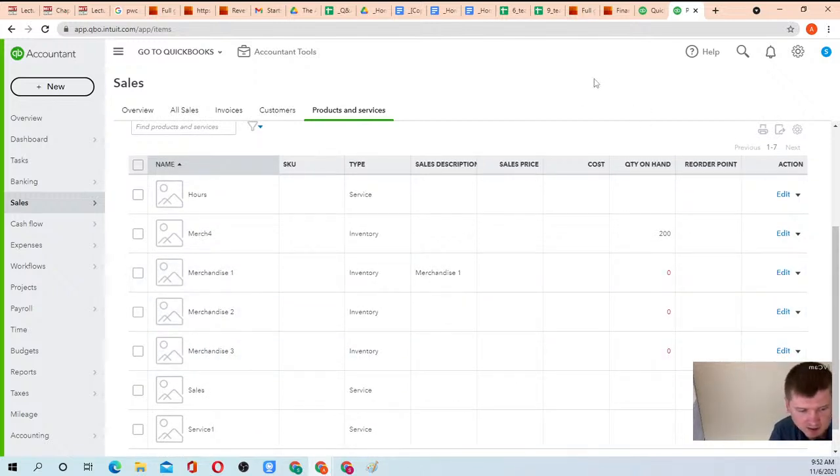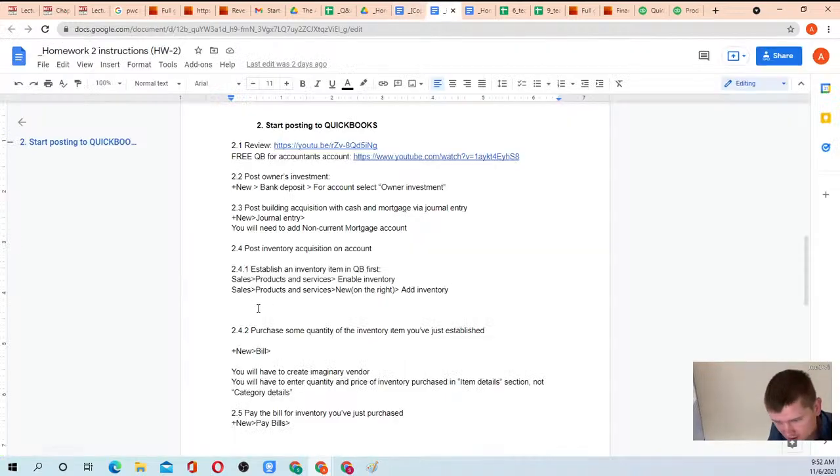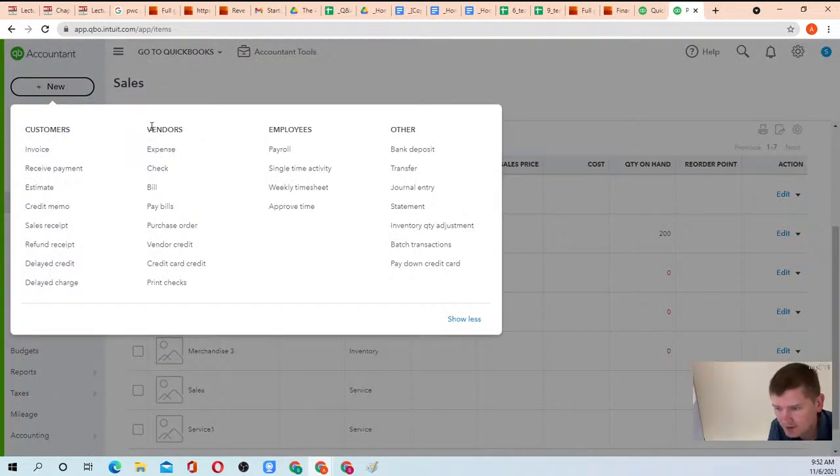Okay, and now we go back to New. Let's see what the instruction says. Enable inventory, add inventory. So we've done that step. Purchase some quantity through the bill. As I've already told you, if you have transactions with your vendors, with your suppliers, you need to do something here.